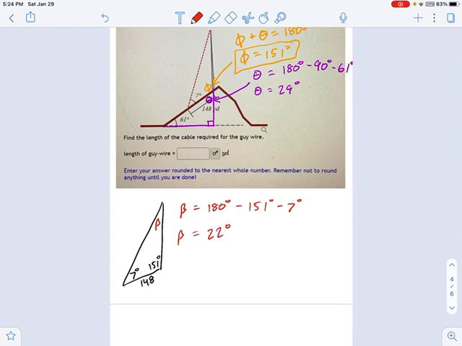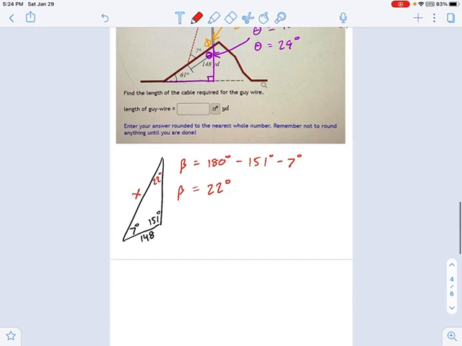Super. Now, what did we actually want in this problem? We wanted the length of that wire. Okay, let's call that, I don't know, X, I guess. I'm not using the same letters that I normally do with the A's, B's, and C's, and that might be a little confusing at first, but just think of it in terms of sides and angles.